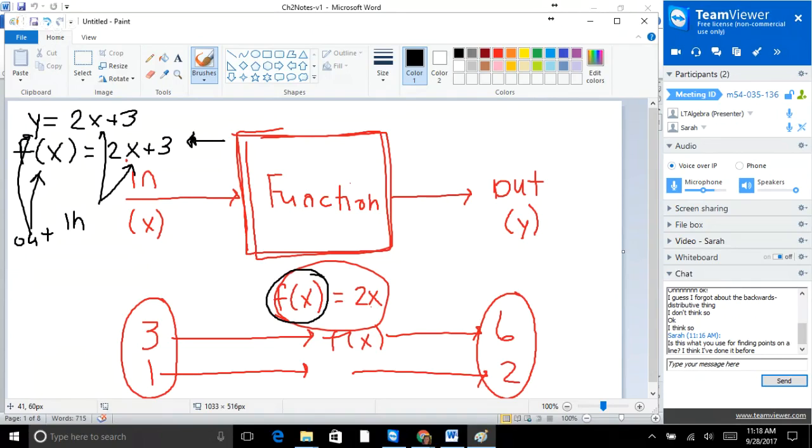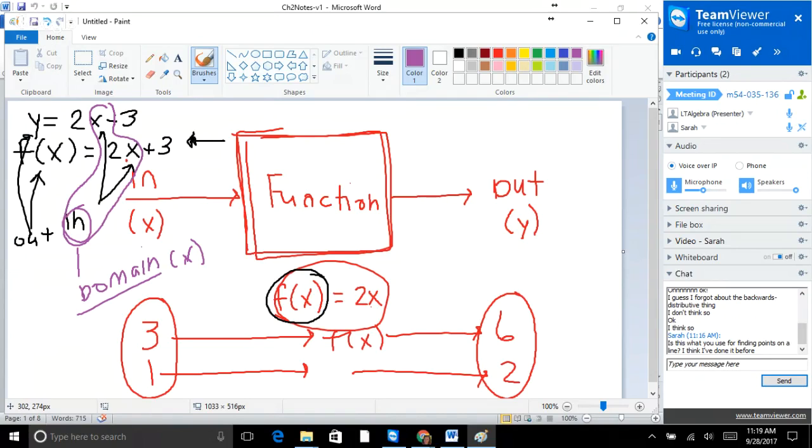Okay. There are some other names that are associated with this, the in and the out. So your x, what you put in, in function world, it's like its own special land, has a special name, which is the domain. So the domain is what you put in. It's usually your x value.